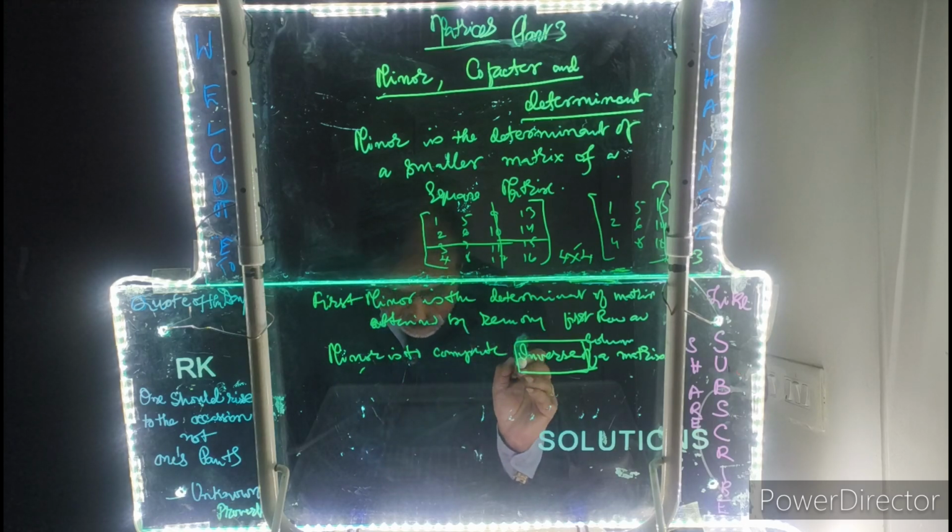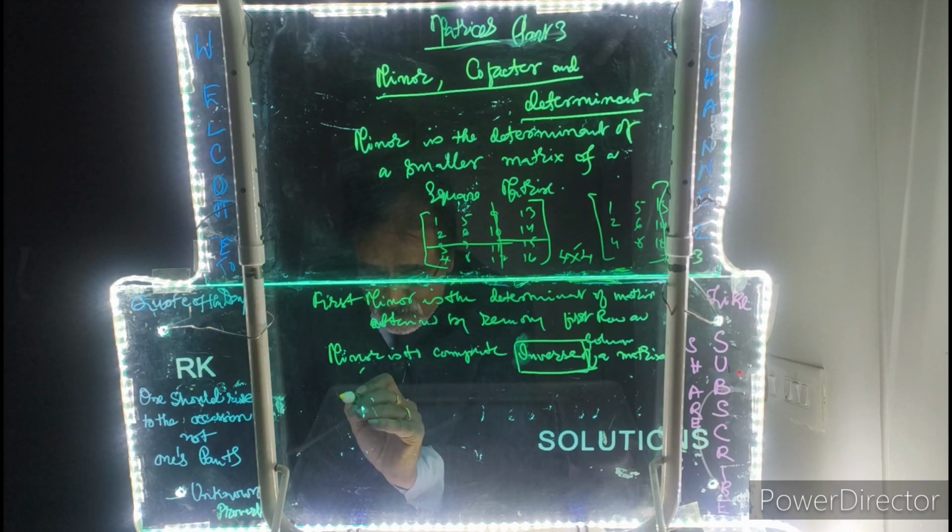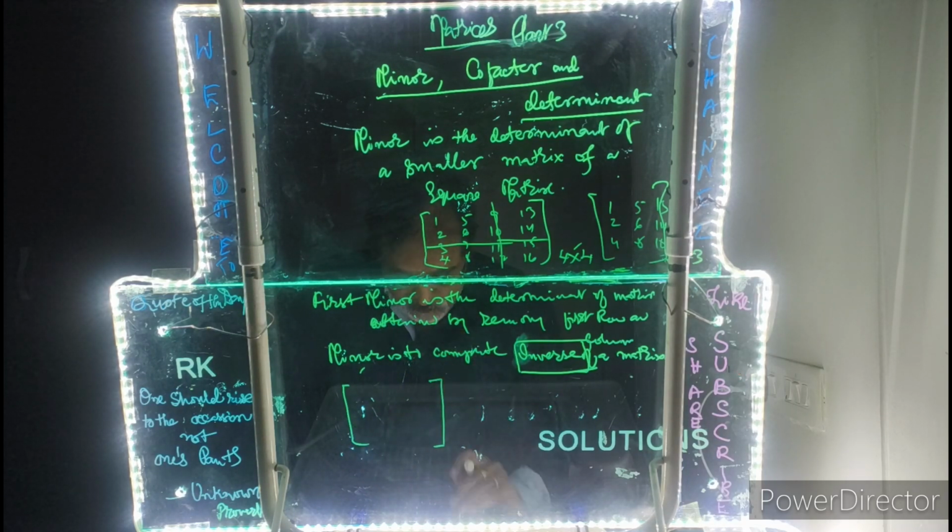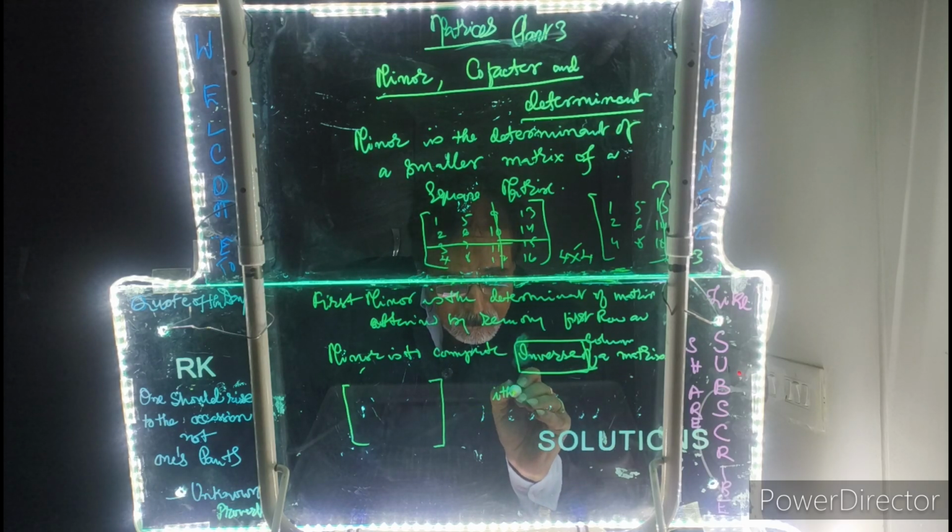Now we have a square matrix, let's say. The symbol which represents the first minor is, let's say, for the ith row and jth column.